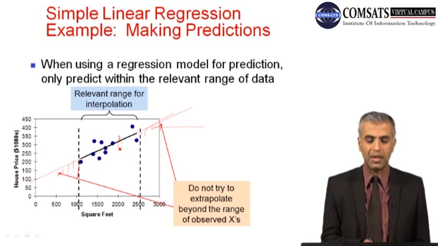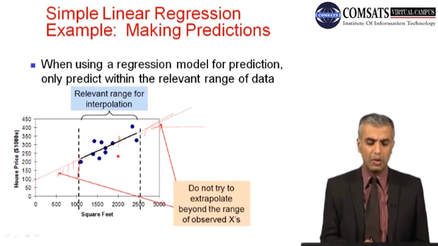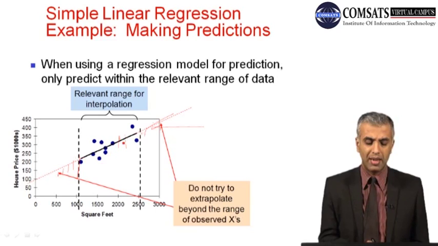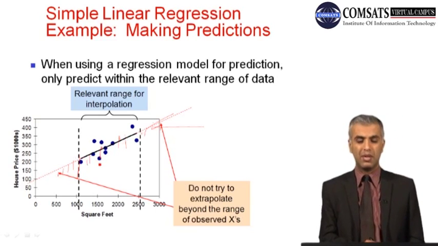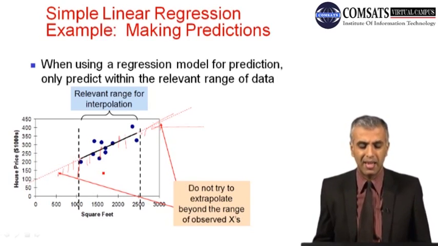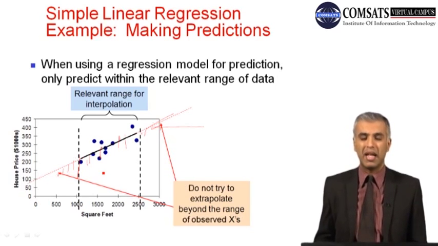So we can try to find the value of this data set at a specific square feet point within the two limits here. We can find additional points at any point within those limits. But if we go beyond that and try to predict a value at that point, it is highly inadvisable, because that can end up in errors.